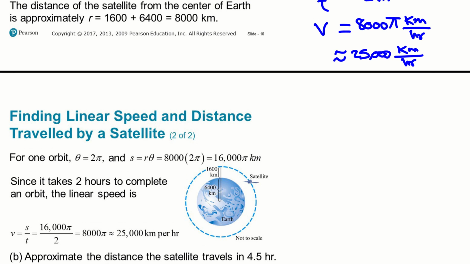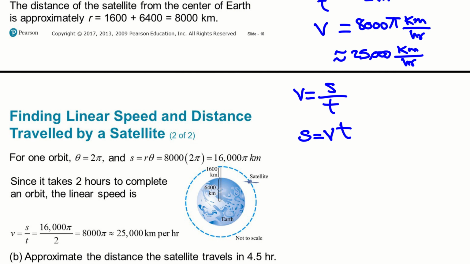Okay, so of course that's going to be another arc length, so we need to go back to our arc length formula. And if you remember in the beginning of the lecture, we said v equals s over t, and we did solve this for s to get s equals vt.